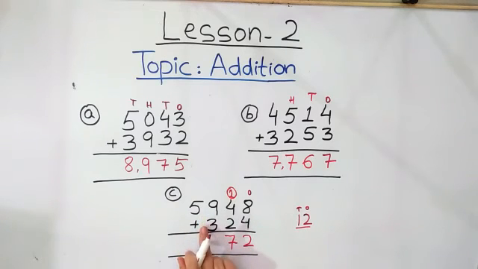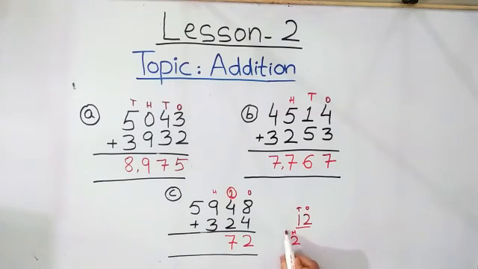Now adding these two numbers, 9 plus 3, is also equal to 12. They are at the place of hundreds. So the total addition of these two digits is 12, that is 12 hundreds.